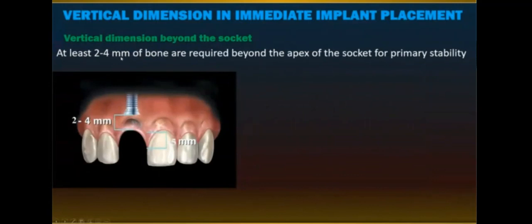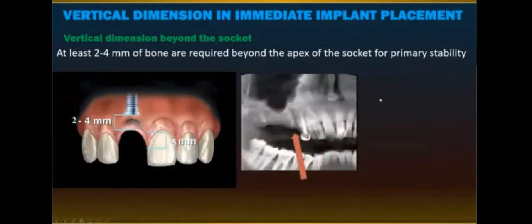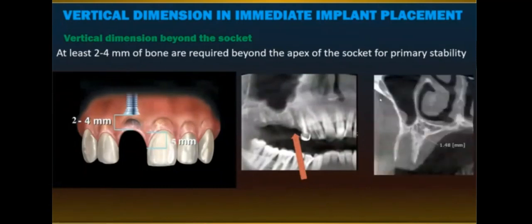Here in this case, what if we have an immediate post-extraction insertion of implant? This means that you have extracted a tooth and then put the implant in the same visit.